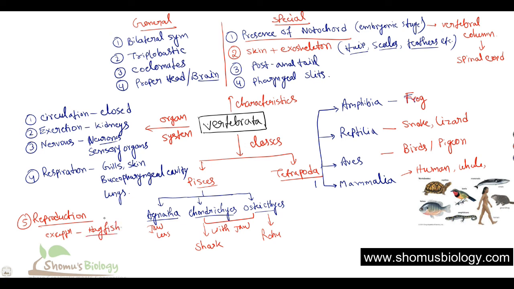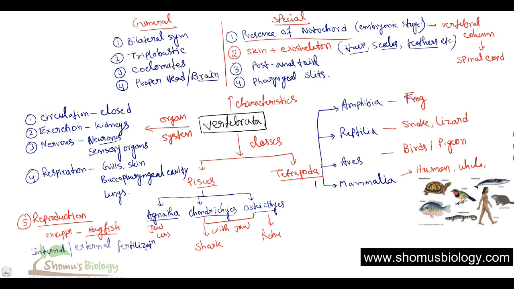Apart from hagfish, all the others have male female separation, and the fertilization event can be internal, in case of human, or external fertilization in case of fish. And the growth can be either internal or external. External growth of the organism is for birds, internal growth is for humans or mammals.